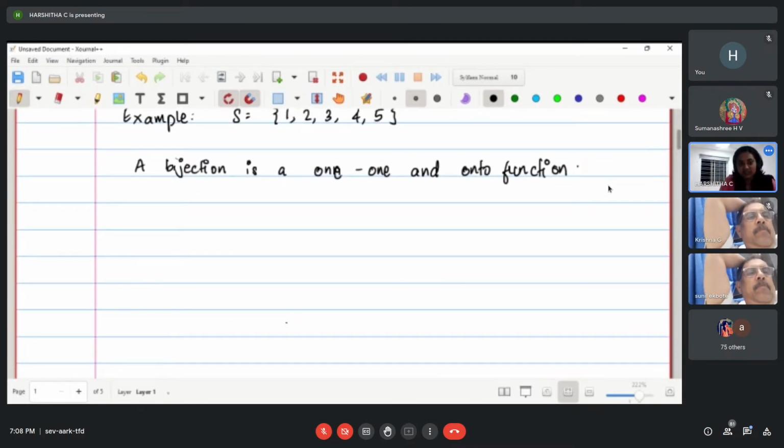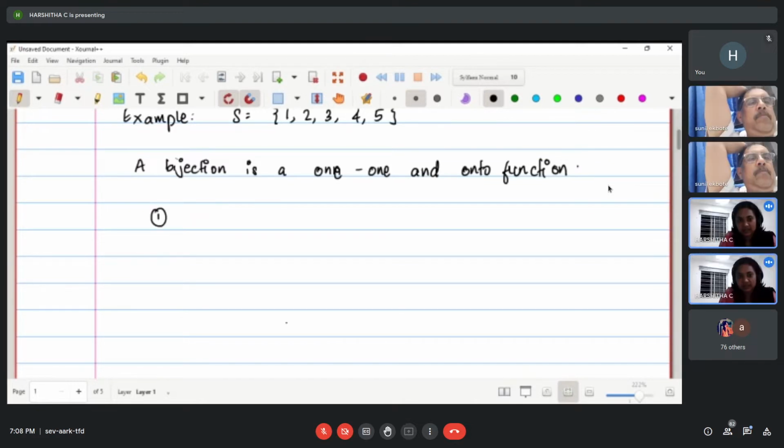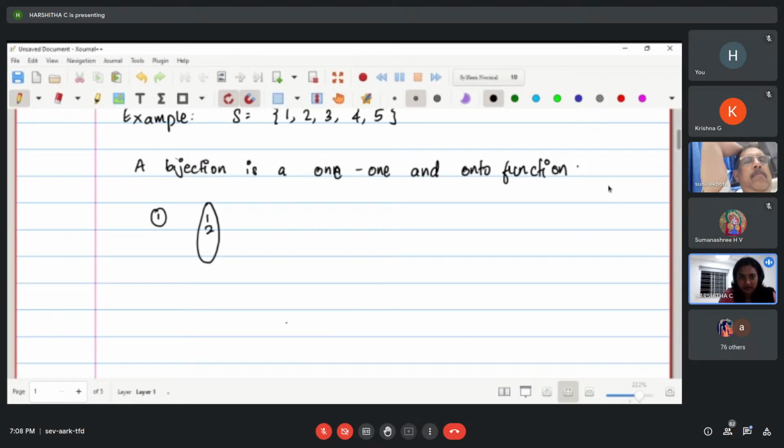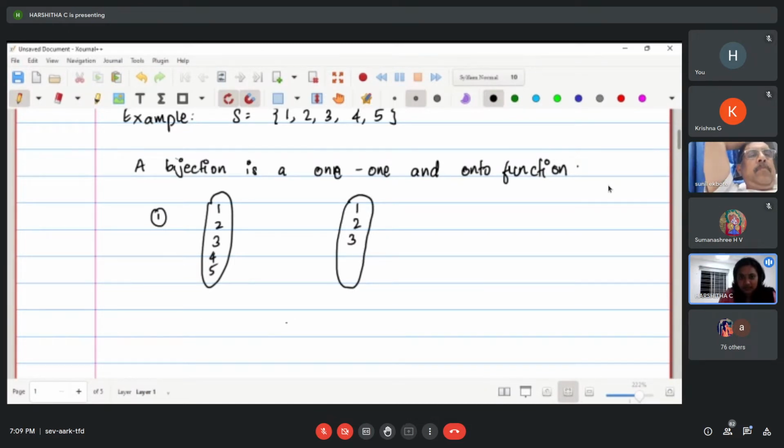So let's just look at one example. So maybe I'll just denote it pictorially. It will be easier to visualize. And once we understand what it is, we will move on to see different ways of representing a permutation and how you work with it.